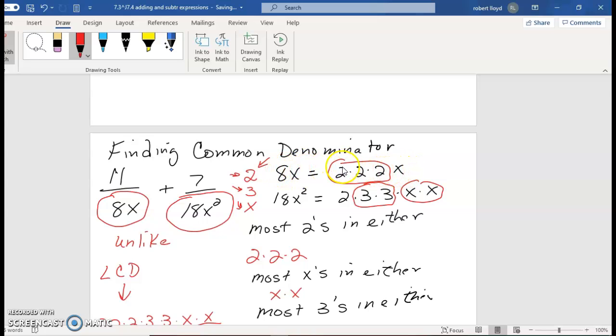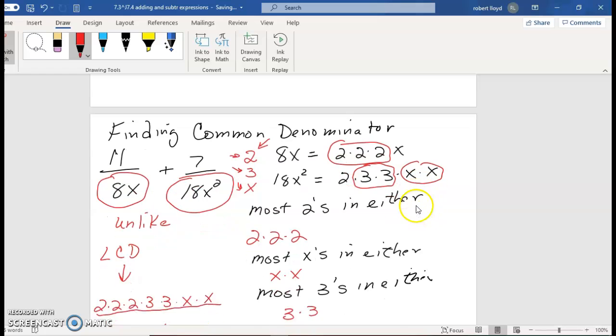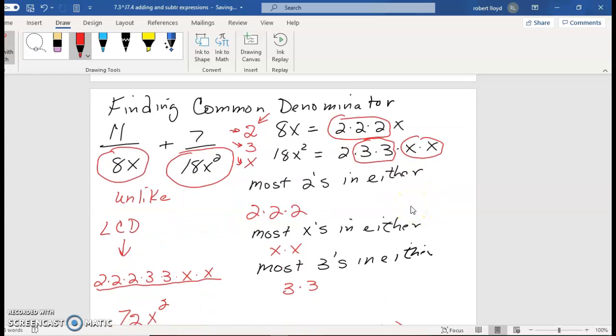So the 8 becomes 2 times 2 times 2. All the 2's are prime, and then it's also multiplied by the x. 18x squared becomes 2 times 3 times 3, and we have 2 x's, x times x. So then our factors are 2, 3, and x. What we have to do is take the most of each in either one.